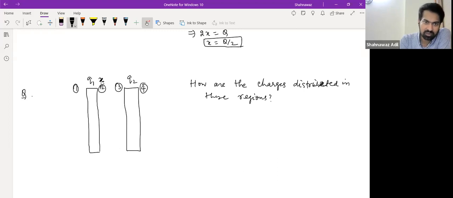So if this is X, what would be this charge? Because total charge is zero in this region. Yeah, minus X. Yes, Faizan, correct. So this would be minus X, right?